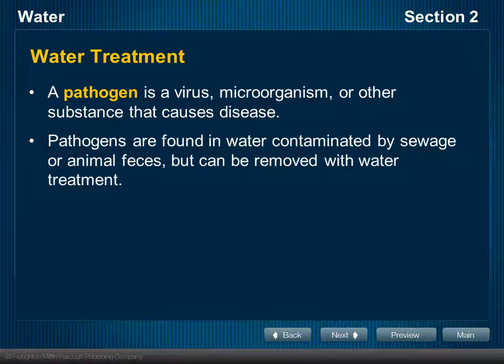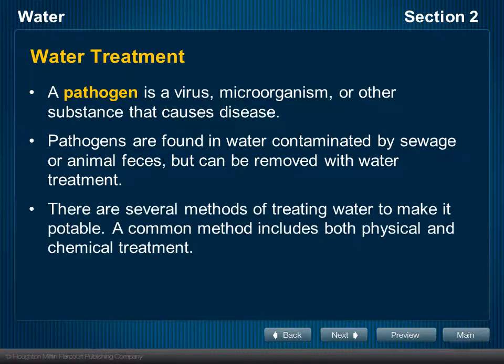These are found in water that becomes contaminated by sewage or animal feces, and usually what we're talking about is some type of fecal coliform. E. coli is a big one, but there's lots of others. And there are lots of ways that we can treat water to get rid of all these different things so that it can be considered drinkable.